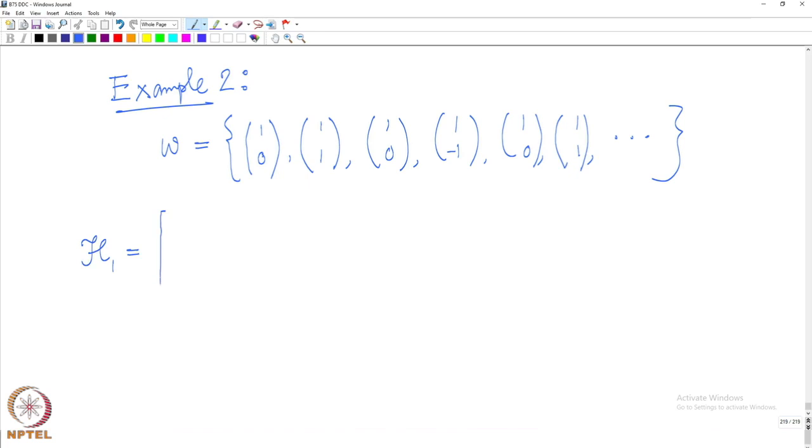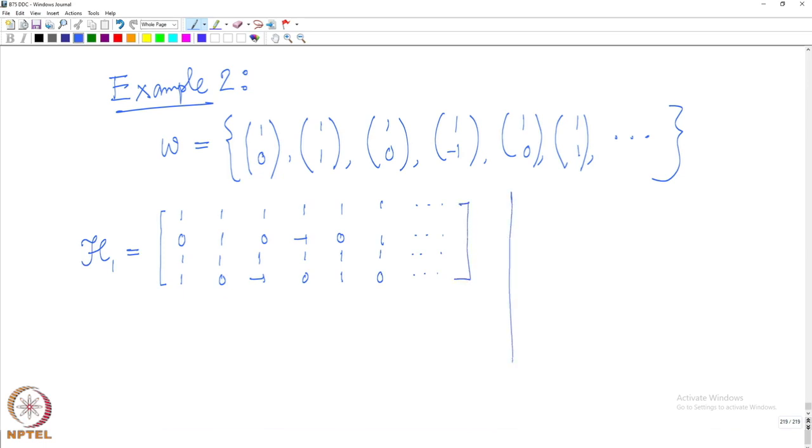H1 has how many rows? 4 rows: 1 0, 1 1, 1 0, 1 minus 1, 1 0, 1 1, and so on. A 4 cross infinity size matrix.